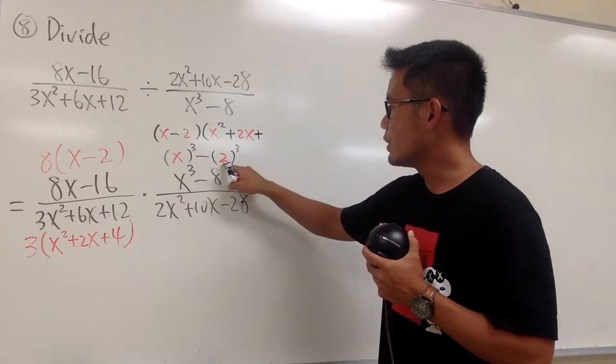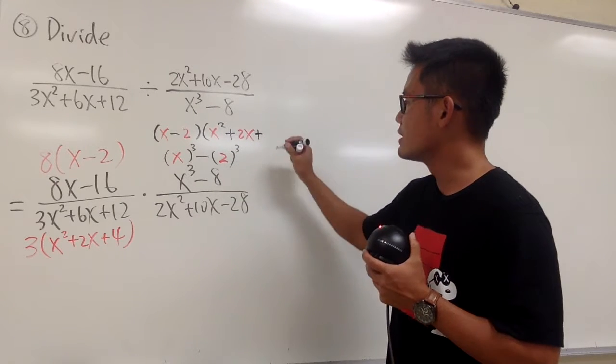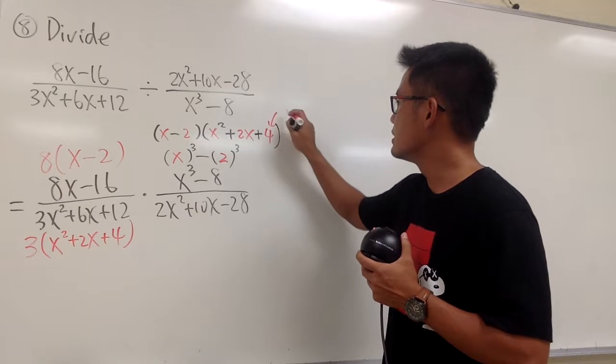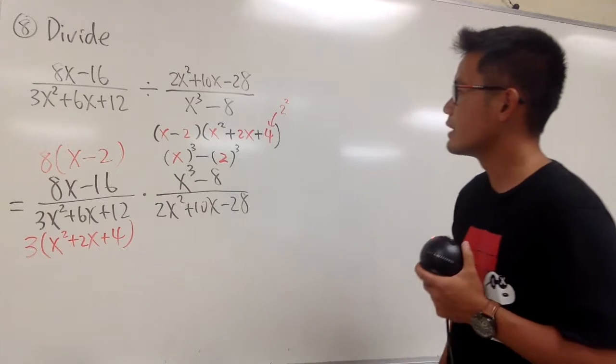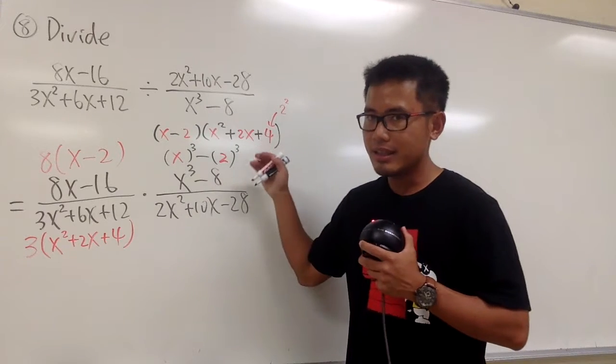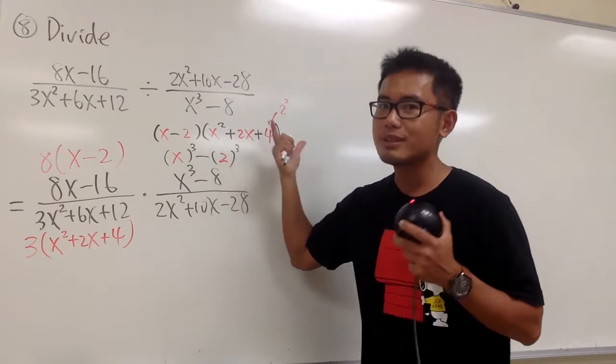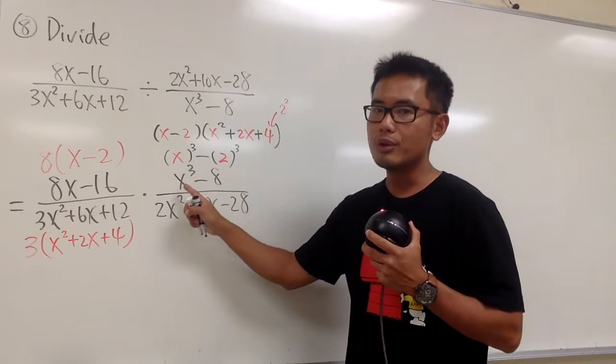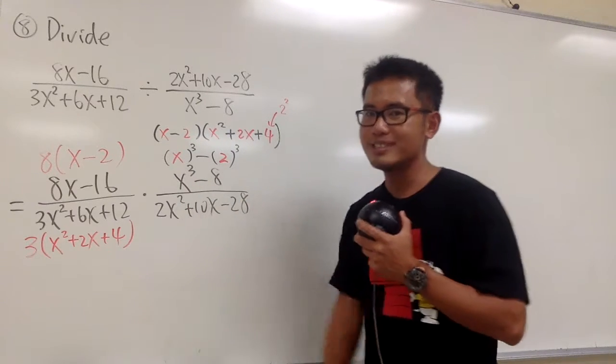And for the last term here, we take b and square that. 2 squared is 4, so we have a 4 right here. And let me just make a note: this is because 2 squared. So this is it. And this right here is not factorable. That's why the formula stops right there. Okay? So be sure you know how to factor the difference of 2 cubes.